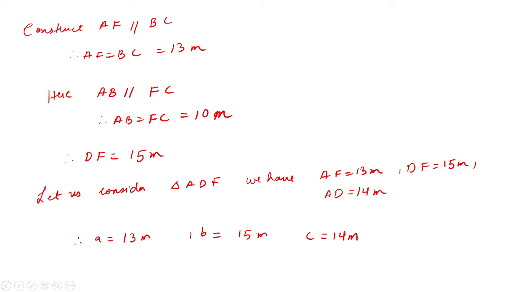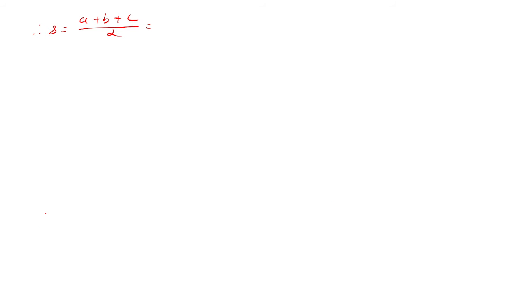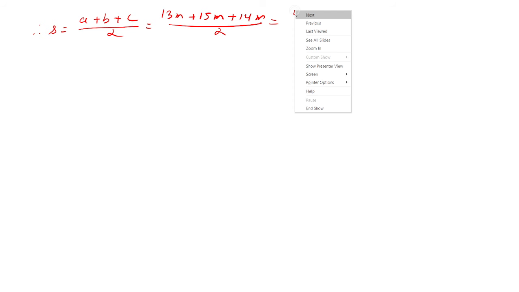To find the value of S, A is 13 meter plus 15 meter plus 14 meter by 2. How much is this? 13 plus 15 is 28, 28 plus 14 will give you 42 meter by 2, and this will give you 21 meter.